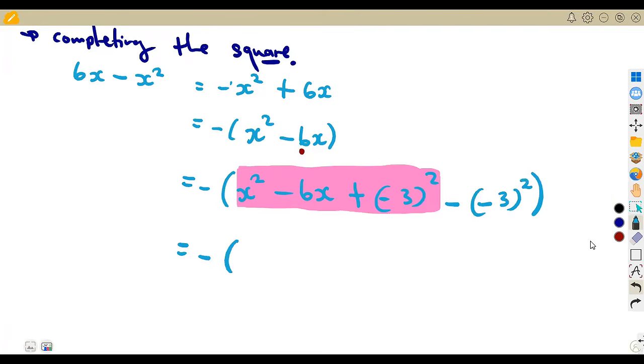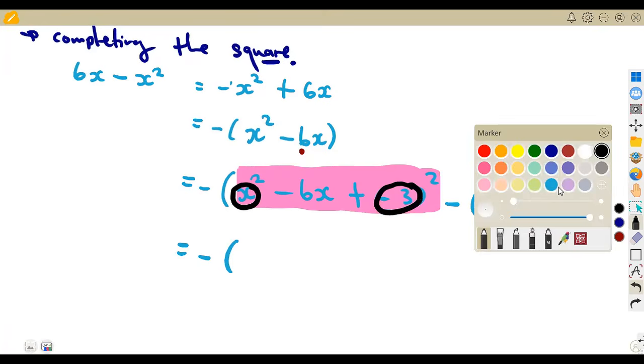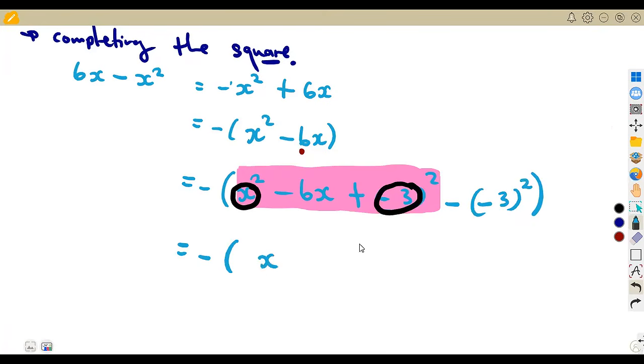So how do you factorize? You take the first term, which is being raised to the exponent of 2, and the last, first and last. So it's going to be the first, which is x, combined with the last, which is minus 3, everything squared. You have factorized this. You're done. Then the rest you're going to simplify. Minus 3 squared is 9, so it's going to be minus 9.